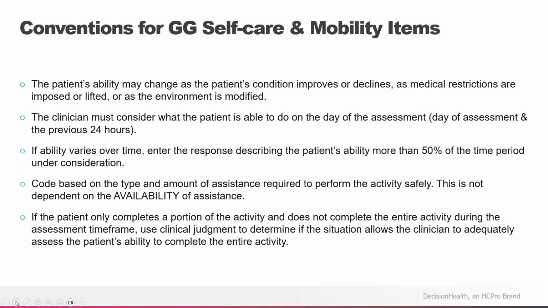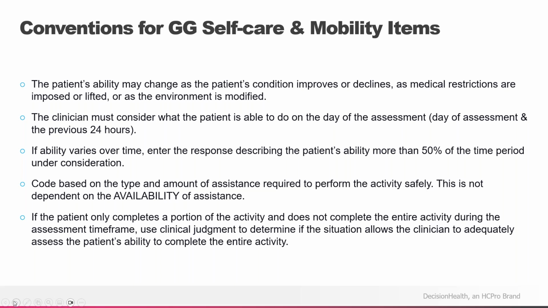Remember, none of these, and I didn't put it on the M1800, none of these are looking at the patient's willingness to do this. They're looking at their ability to do it. Also, this is not dependent on the availability of the caregiver. What we're looking at is for this patient to perform a task safely, how much caregiver assistance do they need?